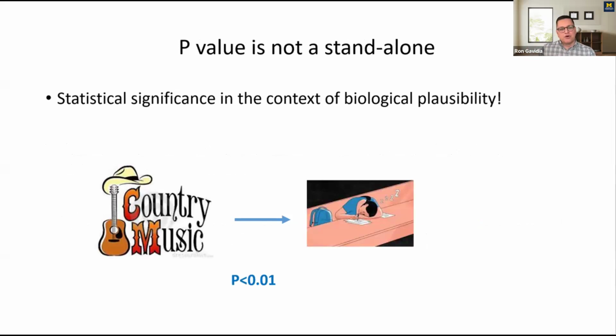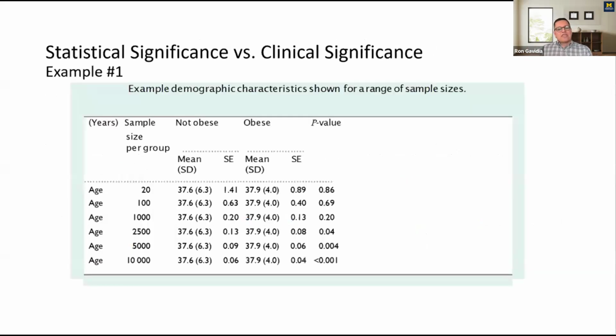For example, here in this study, they found that country music was statistically significantly associated with daytime sleepiness. So the question here is, is there a possibility about this? Perhaps not. Okay, so let's look at this example in relation to statistical significance versus clinical significance.